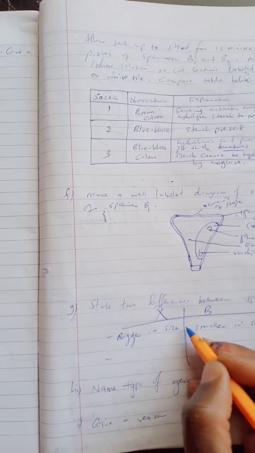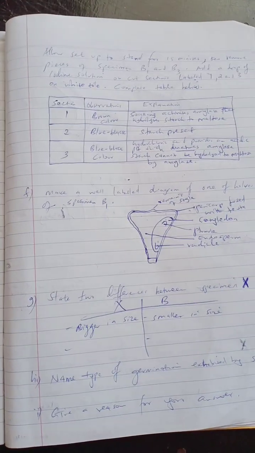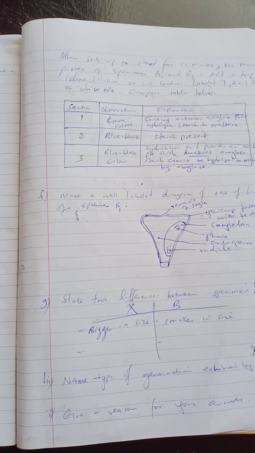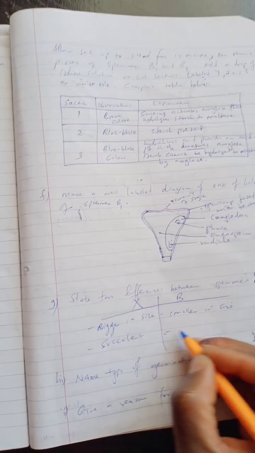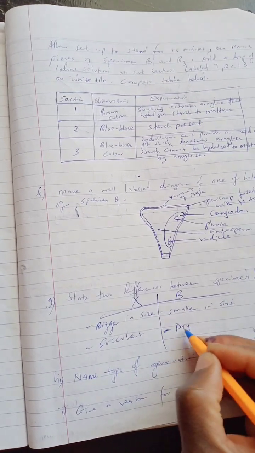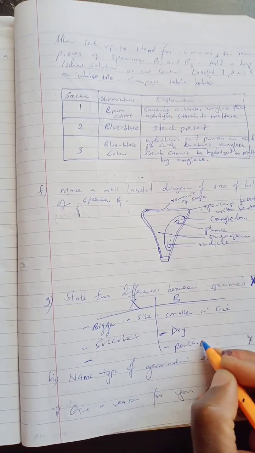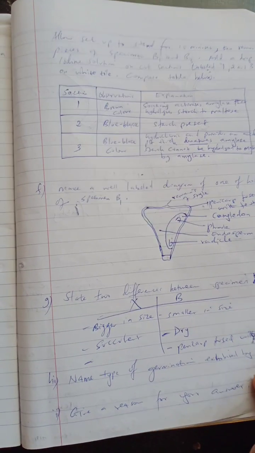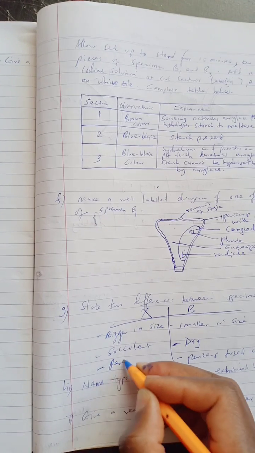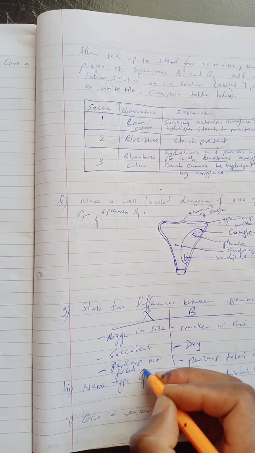And then the other difference that you can give is that banana is a succulent fruit. The maize seed is a dry fruit. And then for maize seed, we say that the pericarp is fused with testa. Here, pericarp not fused with testa.